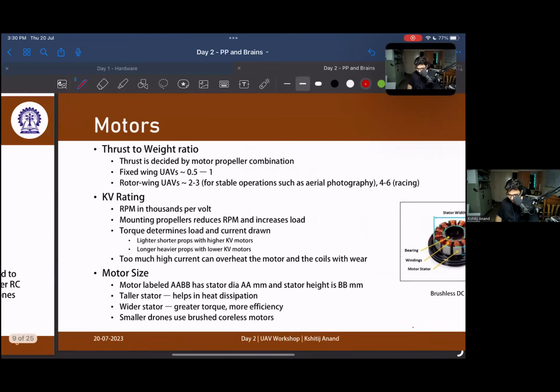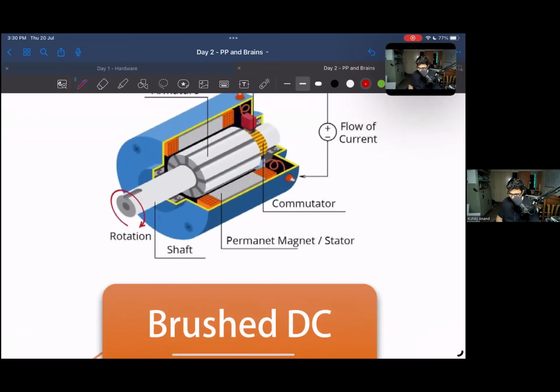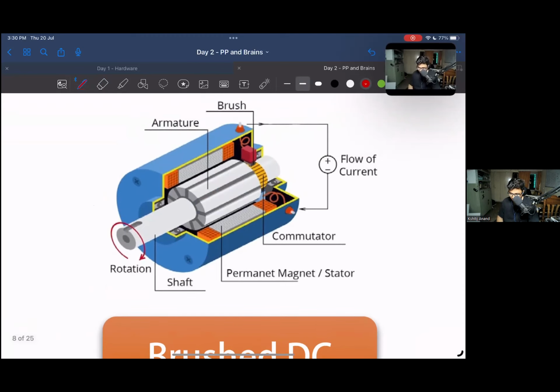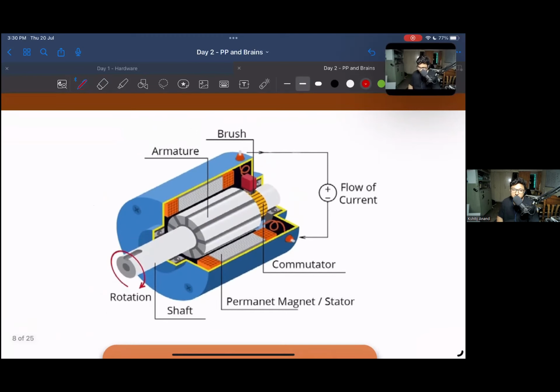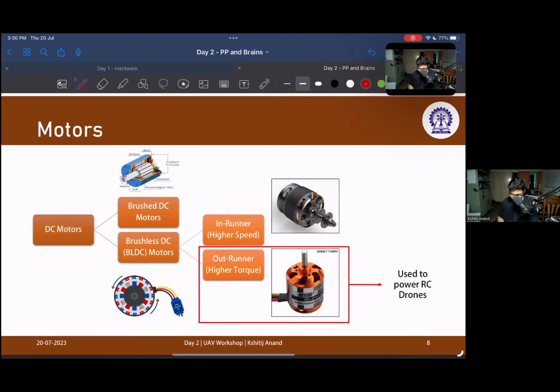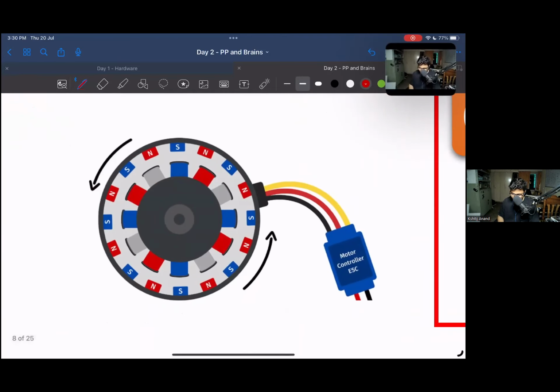What you are seeing is a brushed motor. Don't worry about this. I'm just asking you to realize how a stator and rotor look. So the thing on the inside is the stator, this part.